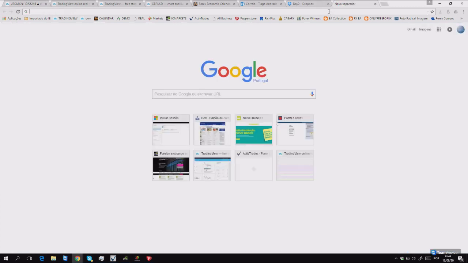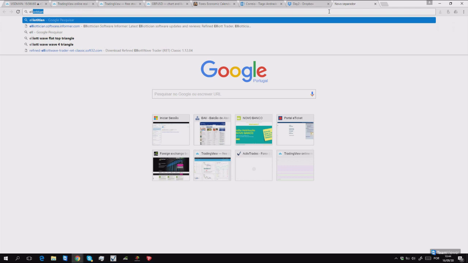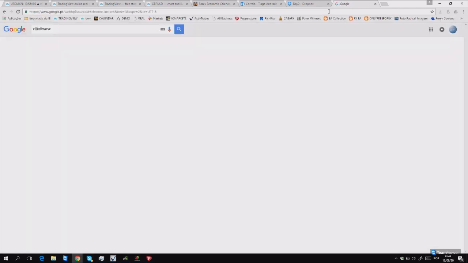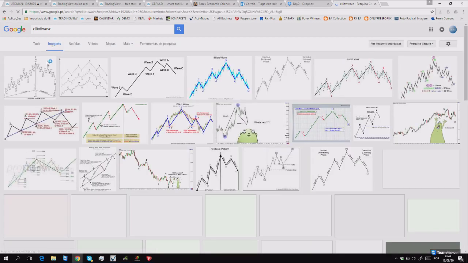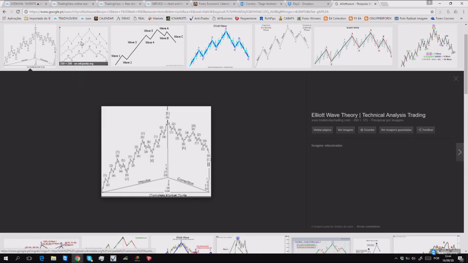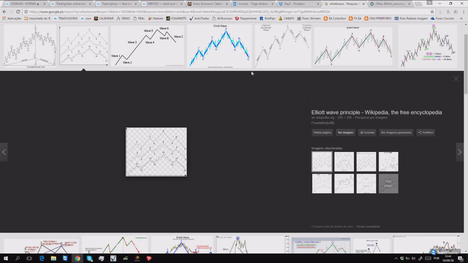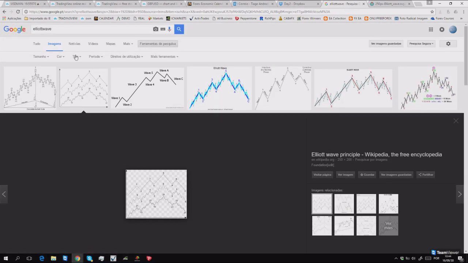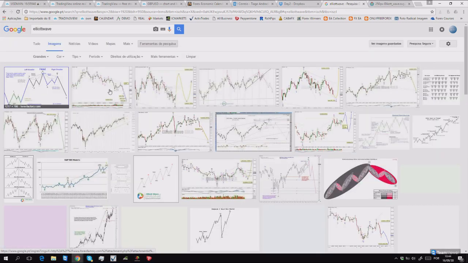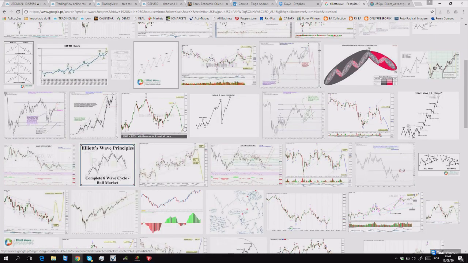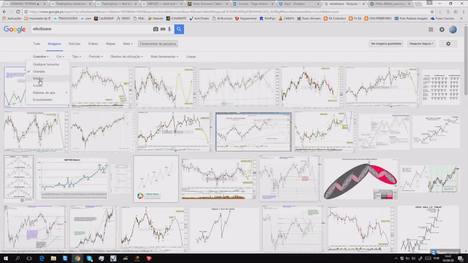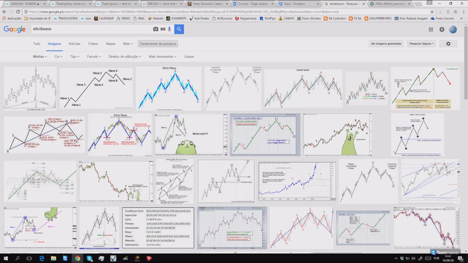So if I show you Elliott wave, not to be drawing everything, this goes on ad infinitum. Let's see if there's a bigger one.